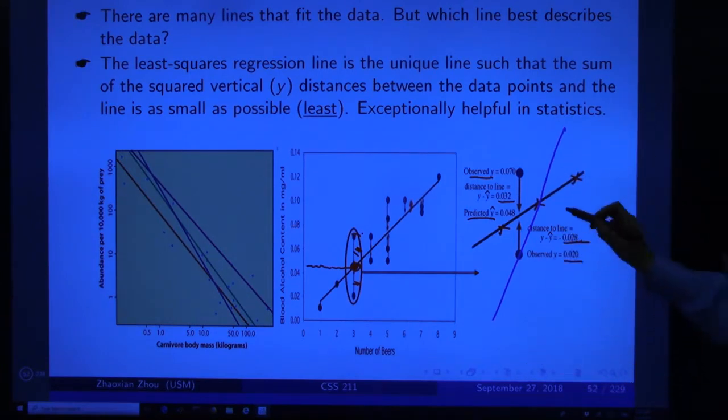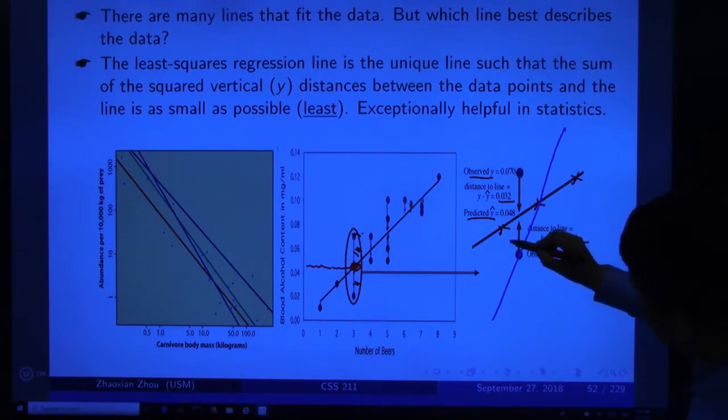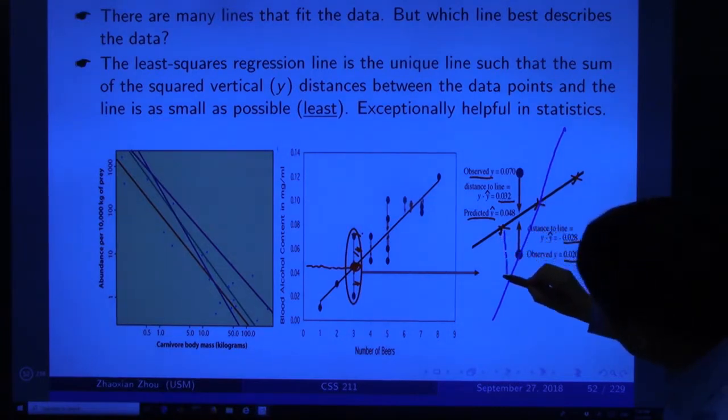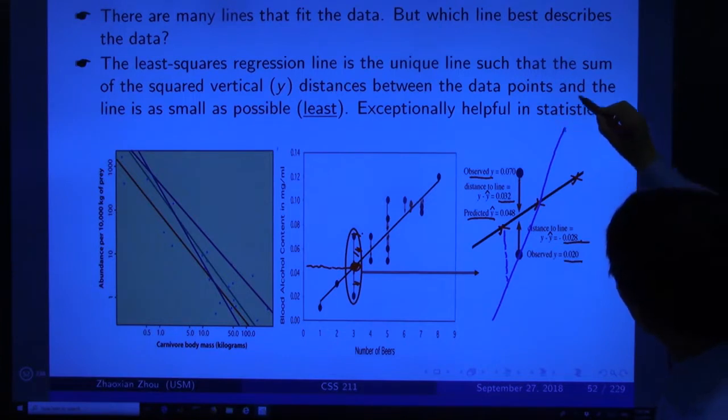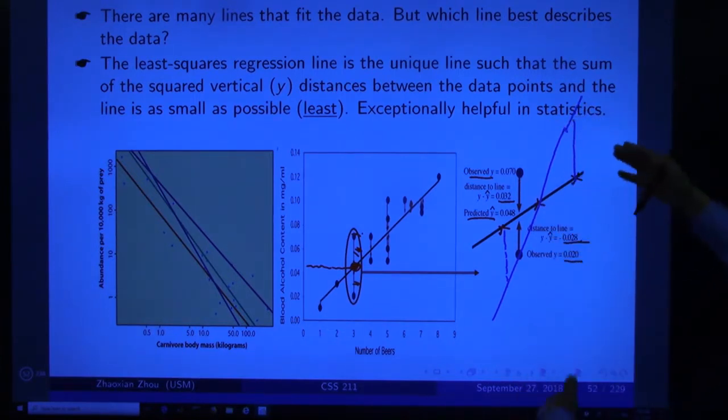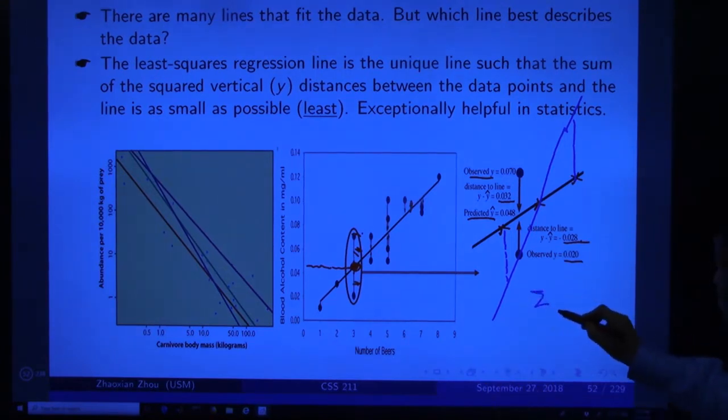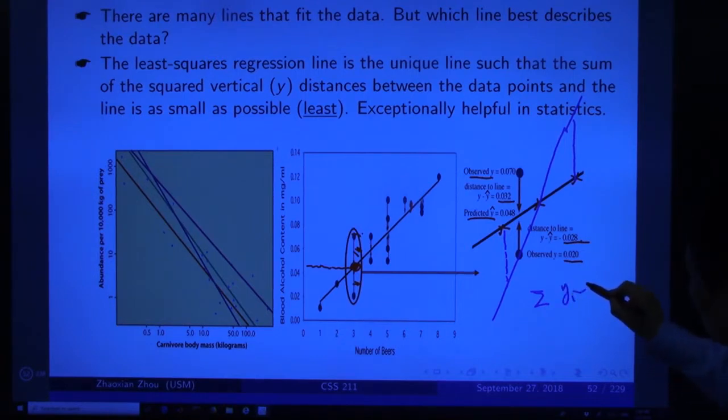The reason is the residual here equals 0, the residual here is negative, but the residual here is positive, and because they are symmetric, they cancel each other. So again, the sum of all the yi minus predicted equals 0. So this one is also the best line.